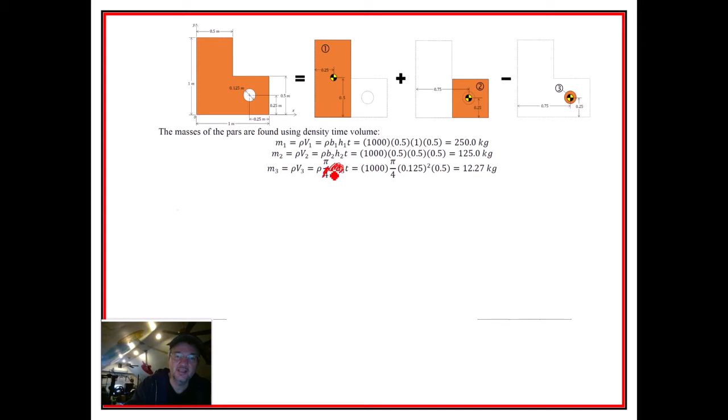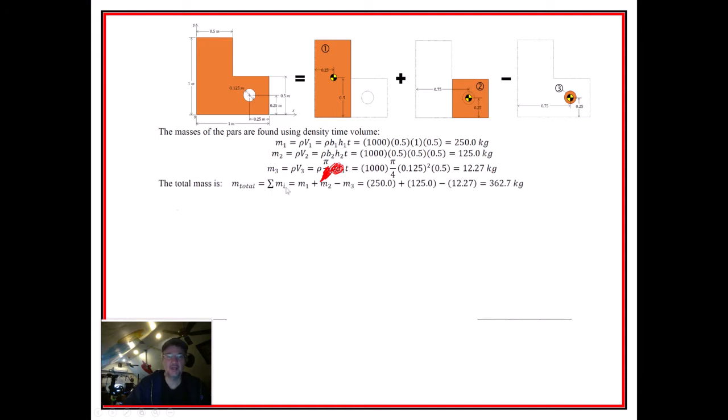I use the diameter quite often here. So it would be pi r squared for the area times the thickness. The area times the thickness will give us the volume, and then times the density. So that's what we have right here. Right here, this is actually the diameter squared. So anyway, we get 12.27.